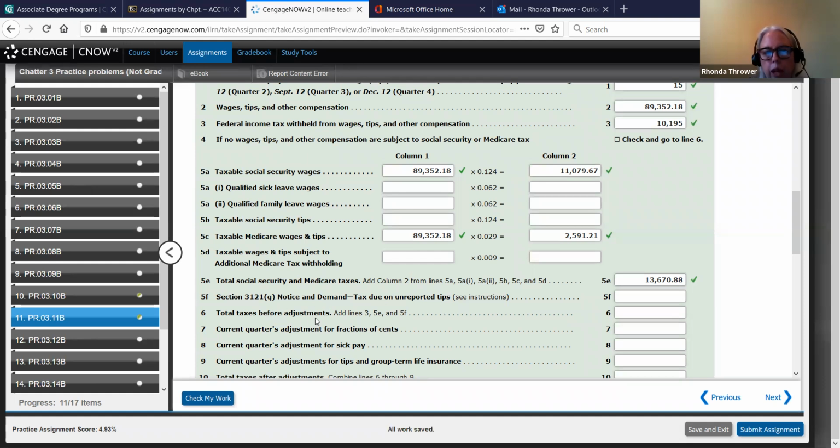So the total taxes before the adjustments are going to be, you're just going to bring this down as it is, add lines 5E and 5F together, and that, since there's 0 on that one line, is $13,670.88.